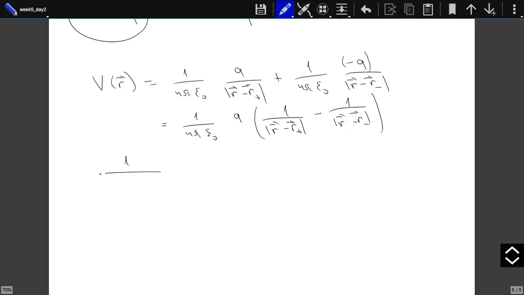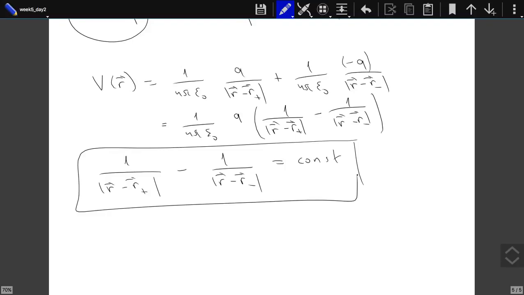So you have to find points for which 1 over |r minus r plus| minus 1 over |r minus r minus| should be equal to a constant, not 0, some constant. So what is the shape defined by this equation? That is what you need to identify.